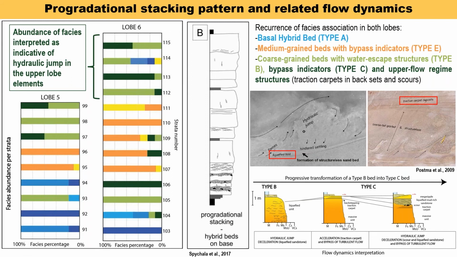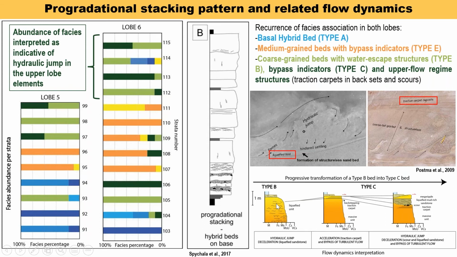In particular, we have interpreted that the progressive transformation from type B to C that is prevalent in the upper lobe could represent the downslope evolution of a hydraulic jump, producing a mass deposition.